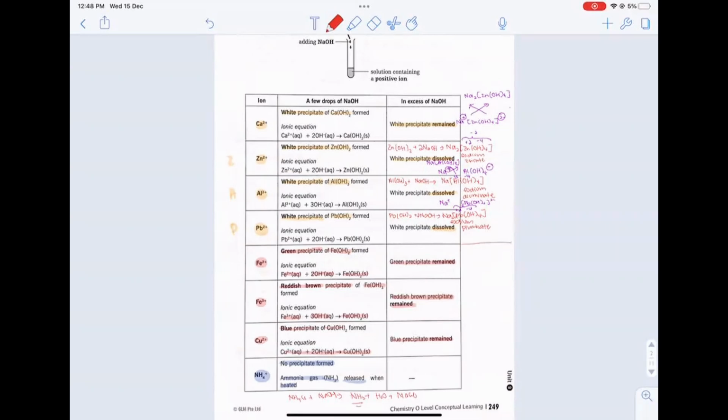It's because if you remember from the solubility table, all oxides and hydroxides are insoluble except for group 1 and strontium and barium oxides and hydroxides. So if you notice, all of the cations here do not fall under group 1, nor strontium and barium. So they are all insoluble in water. That's why they all form precipitates.